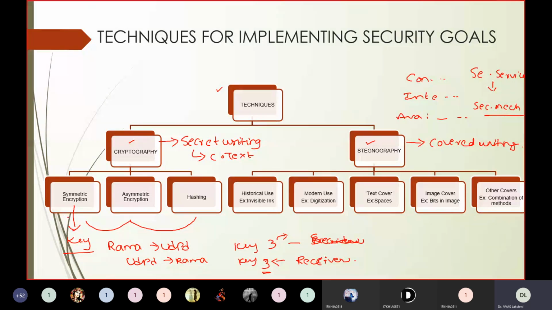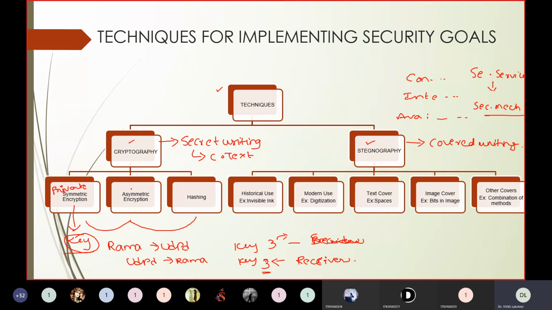Here the same key is used for both the encryption and decryption processes. Another name for symmetric encryption is private key encryption. These private key encryption algorithms we are going to learn in the second unit.